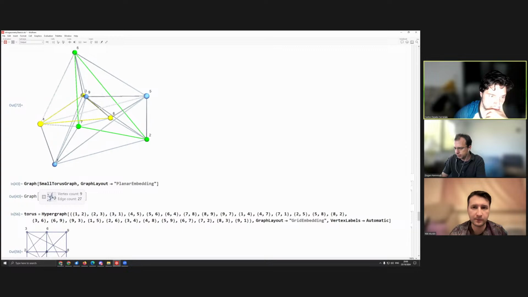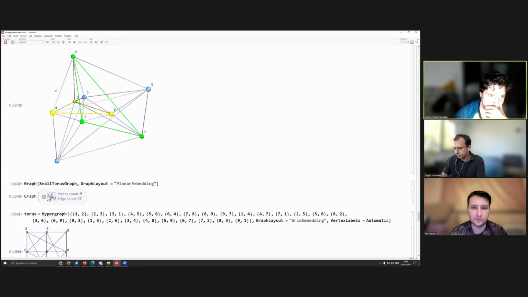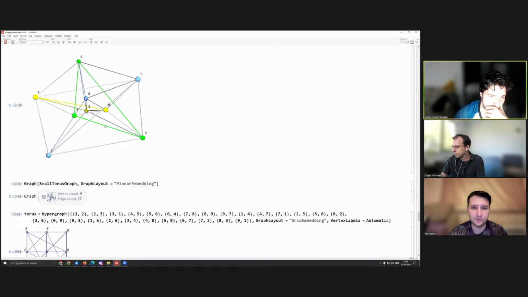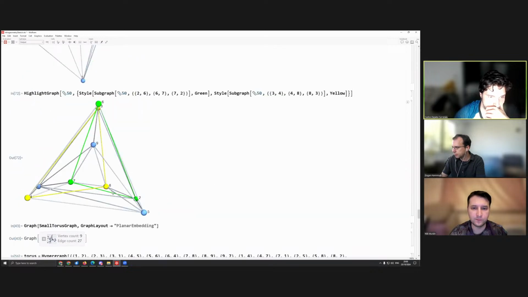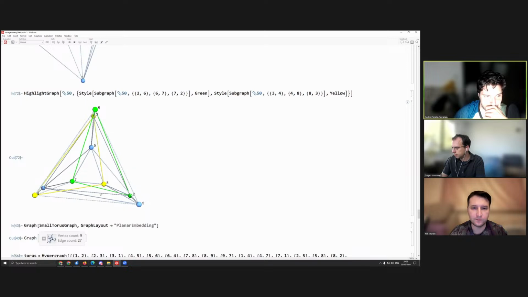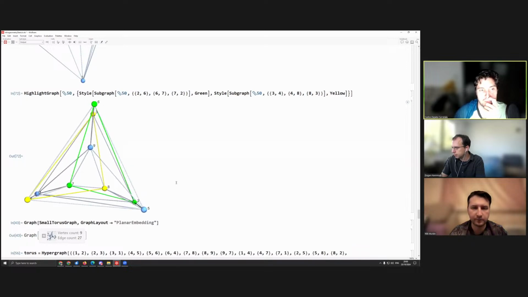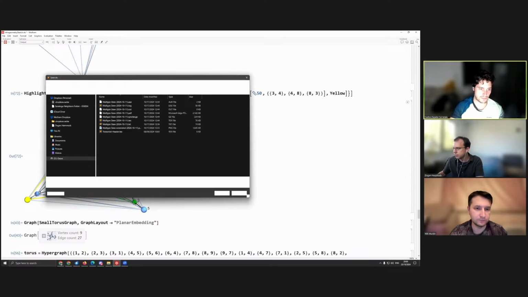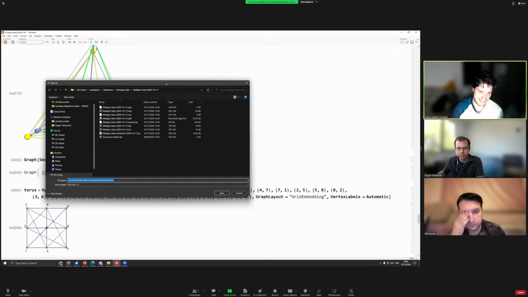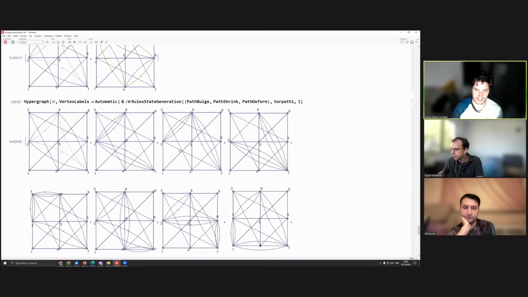But I do imagine, let's see, maybe there's an easier view. I think this view is more explanatory, right? So the idea would be that you eventually get the torus, sorry, this embedding here, right?